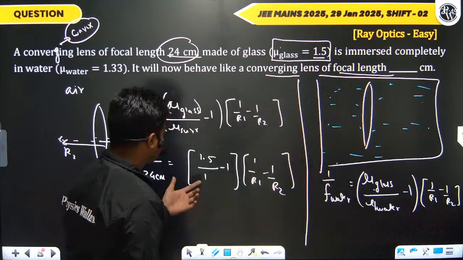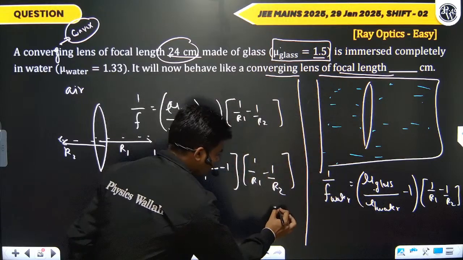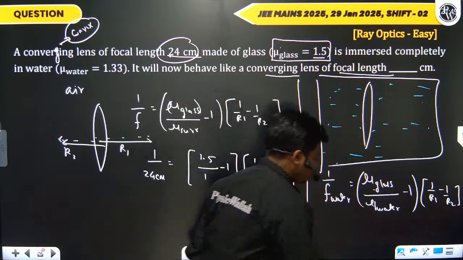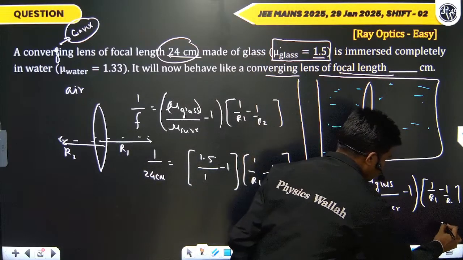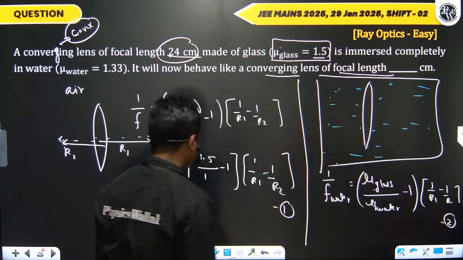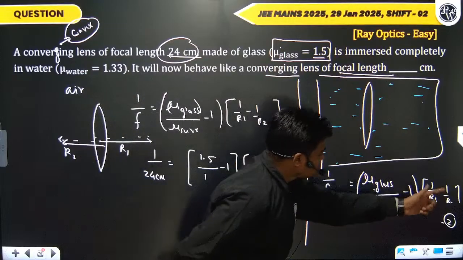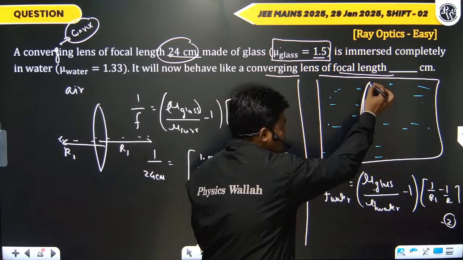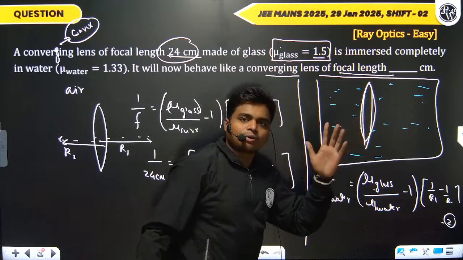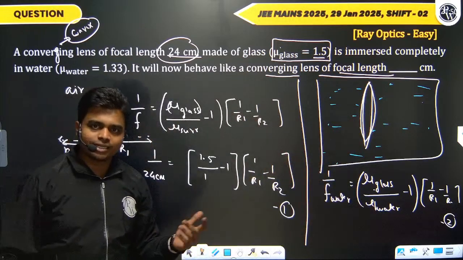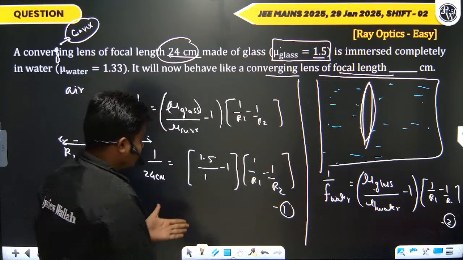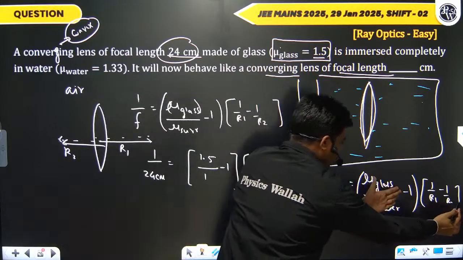This is equation 1 and this will be equation 2. If I divide equation 1 by equation 2, because R1 and R2, the radii of curvature of this convex lens, are not changing when you put it inside the water, this particular term and this particular term will get cancelled.